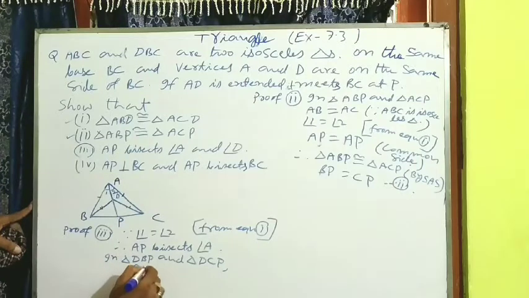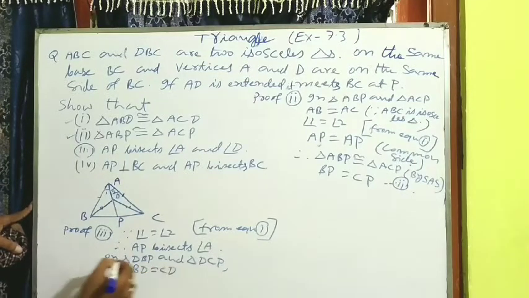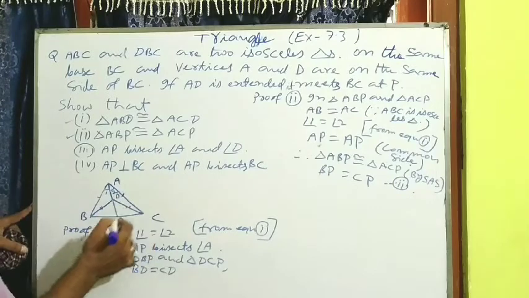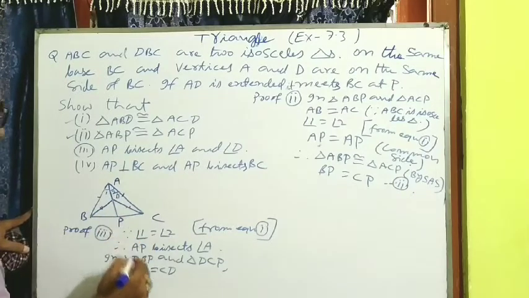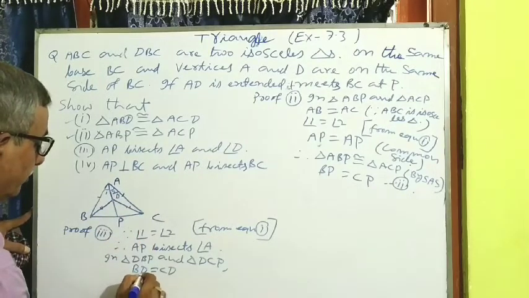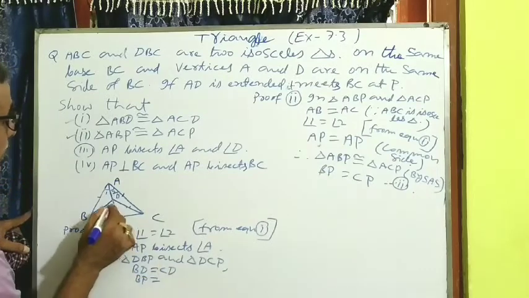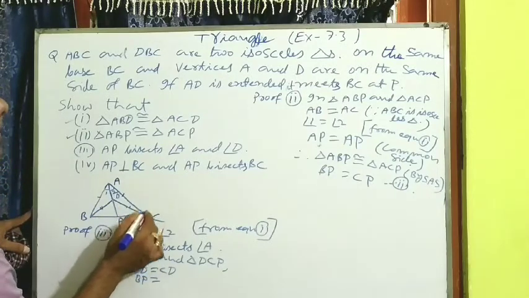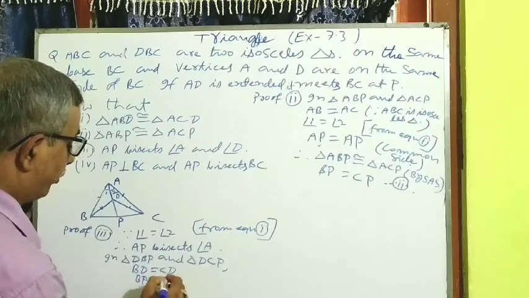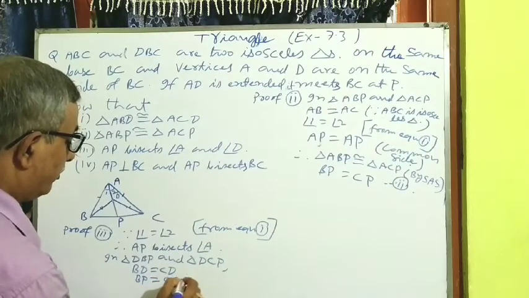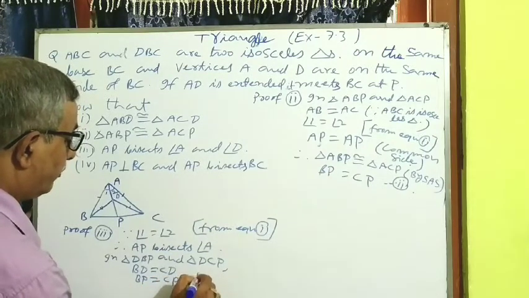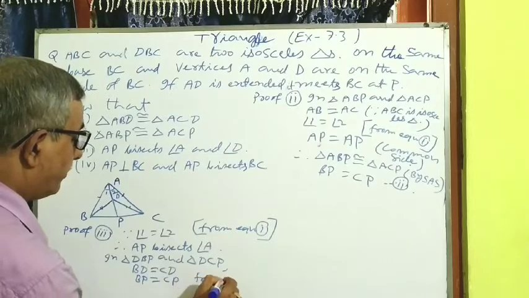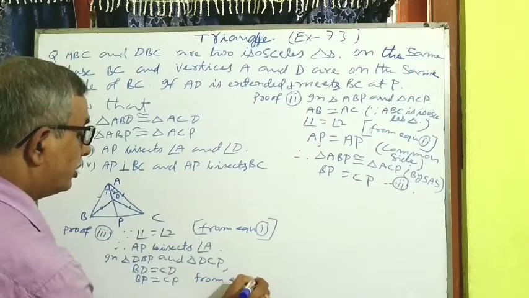BD is equal to CD. Earlier you have proved that DBC is an isosceles triangle. BP is equal to CP. Already BP is equal to CP I have proved, from equation 2.